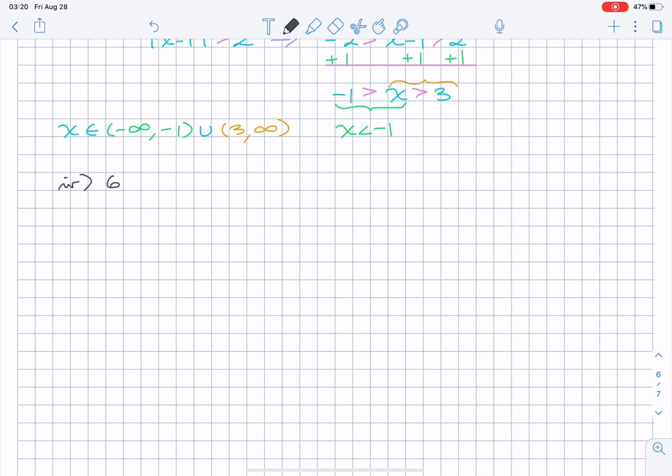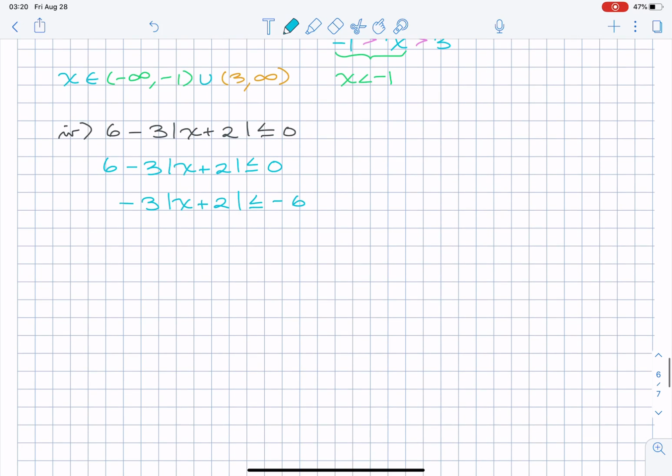So we have 6 minus 3 times the absolute value of x plus 2 is less than or equal to 0. Let's subtract 6 from both sides. So we'll get negative 3 times the absolute value of x plus 2 is less than or equal to negative 6.